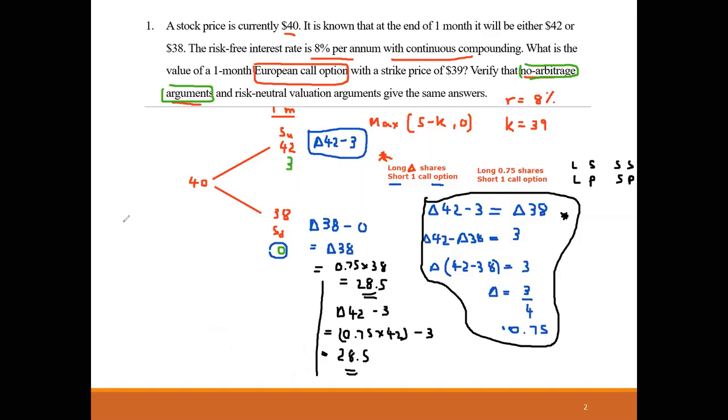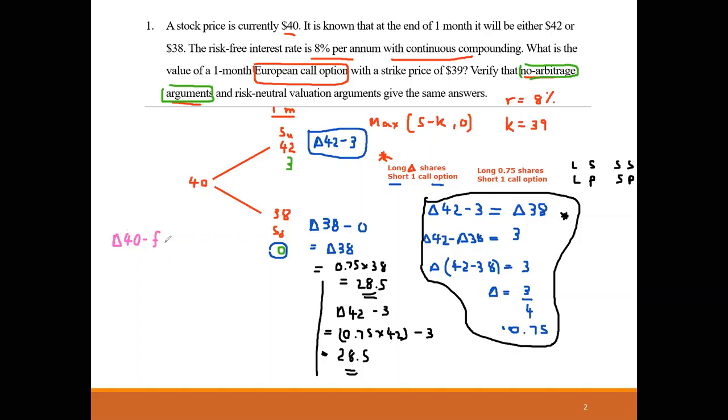You can write the value of the portfolio today as the number of shares in which you took a long position multiplied by the share price, minus the option price, right? Minus the option price, because you have taken a short position. The payoff of the option today should be deducted. So this will be the value of the option today.